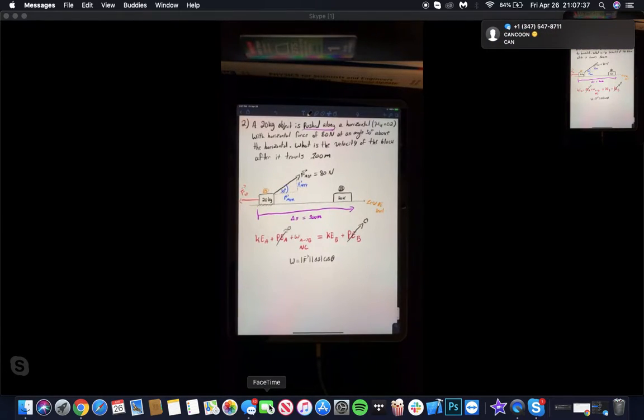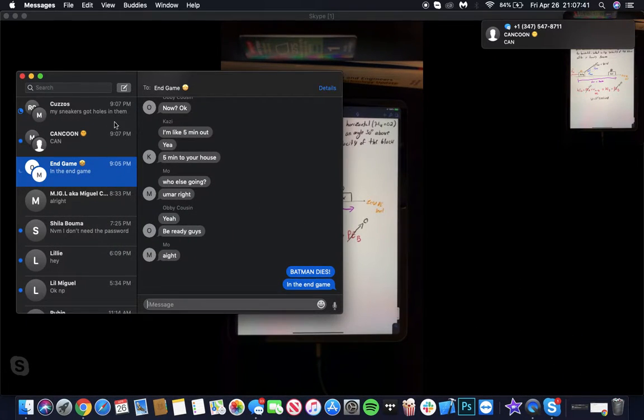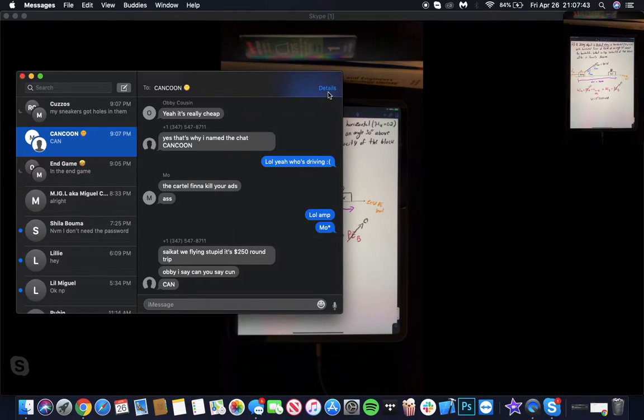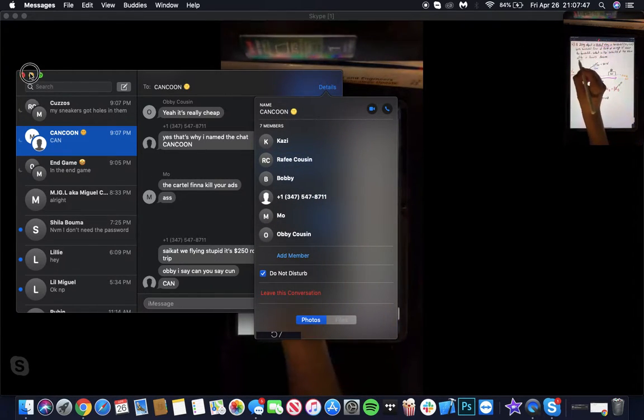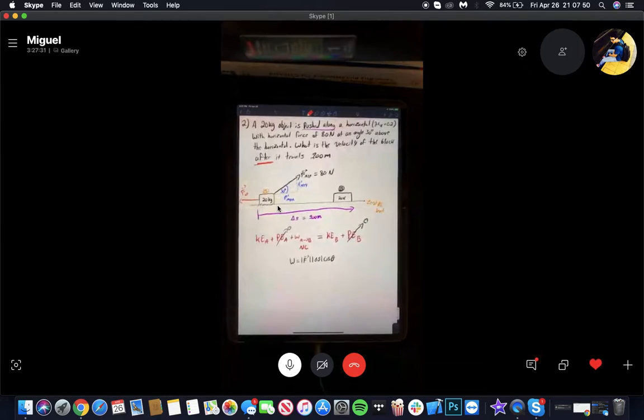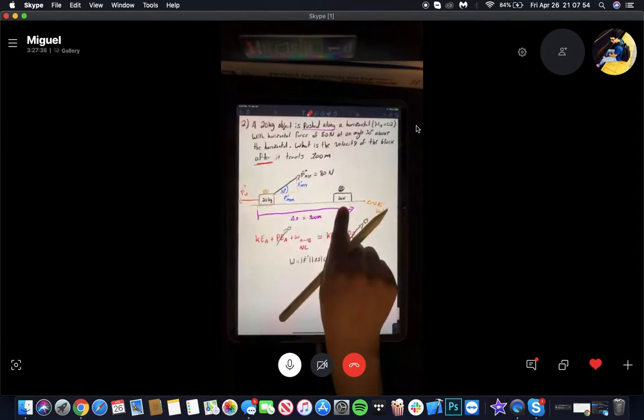What is the velocity of the block after it travels 100 meters? This is the key word right here, after. So after it gets there.